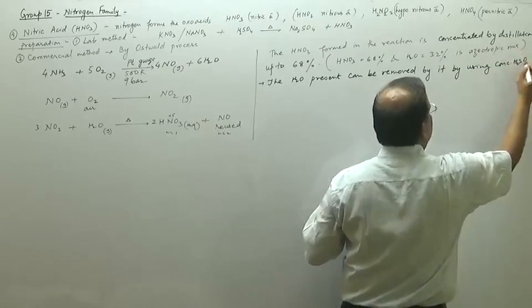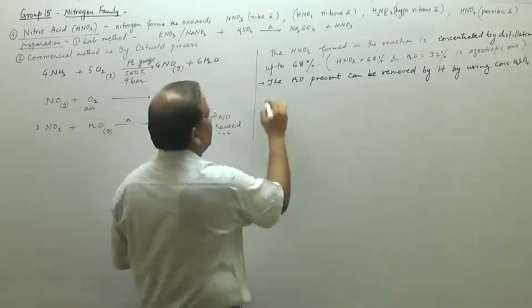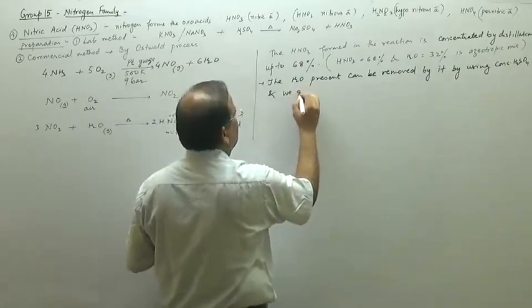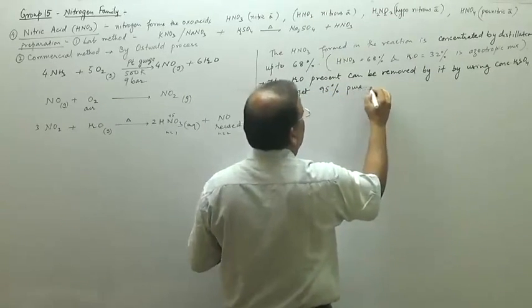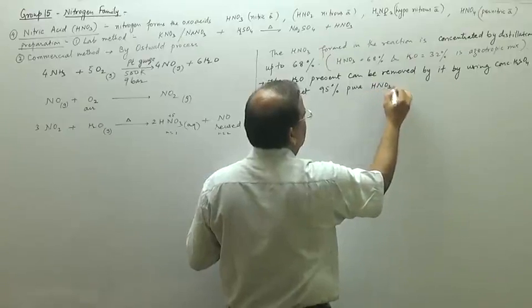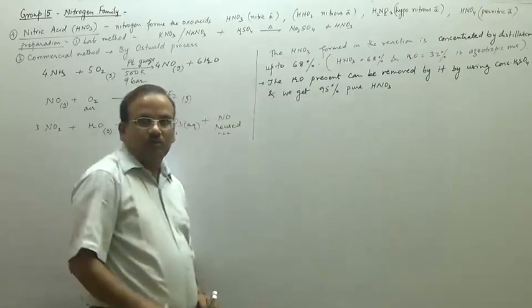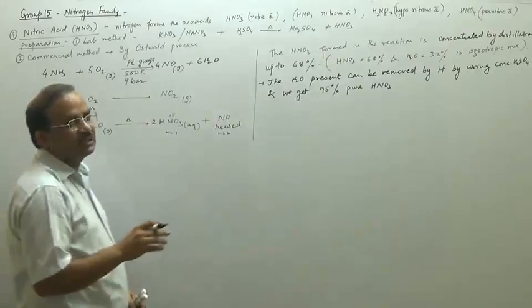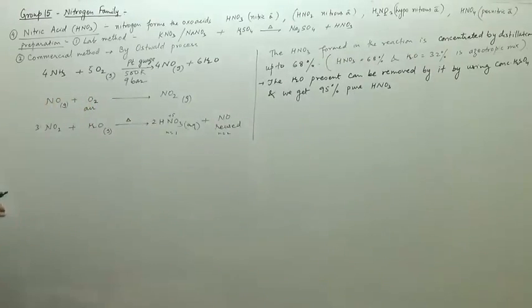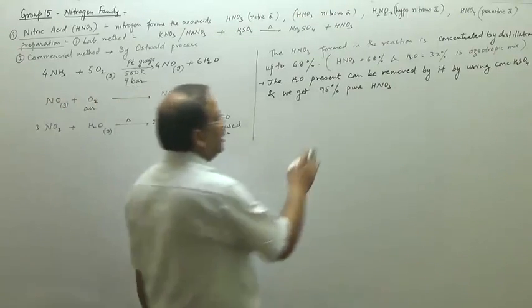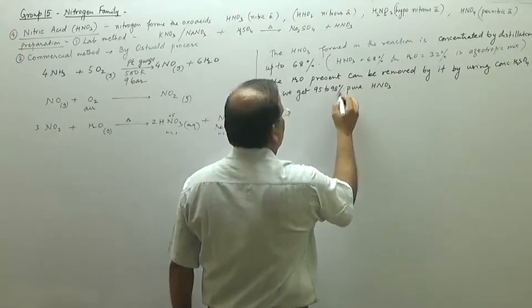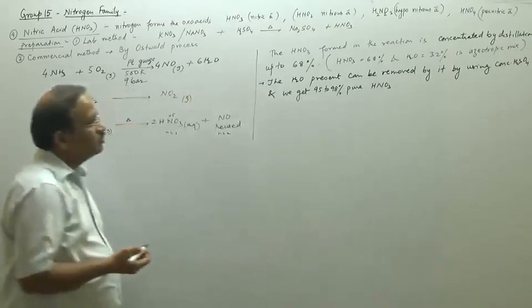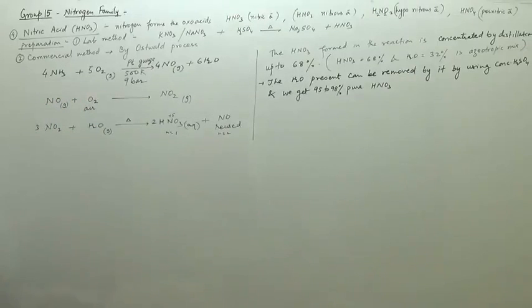By using the concentrated H2SO4, we get 95% pure HNO3. So the HNO3 we get in the laboratory is the 68% HNO3. So we used to say that further concentration from 95 to 98% pure HNO3 we get by that. So that is how we are able to write that.